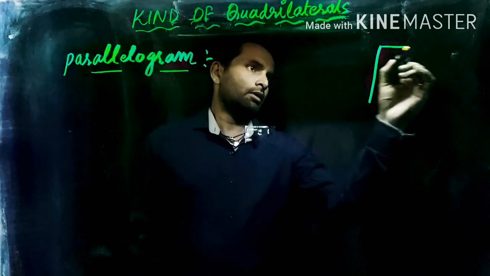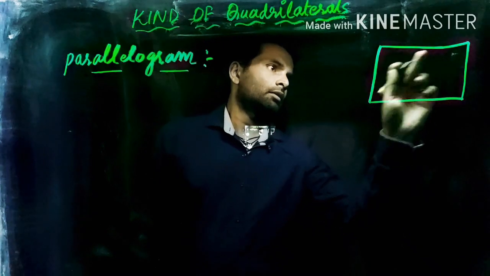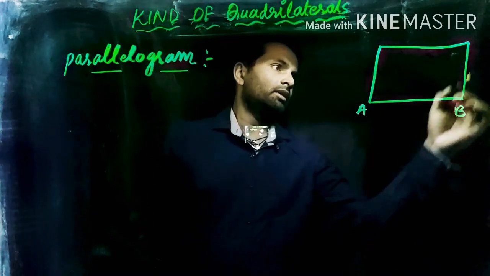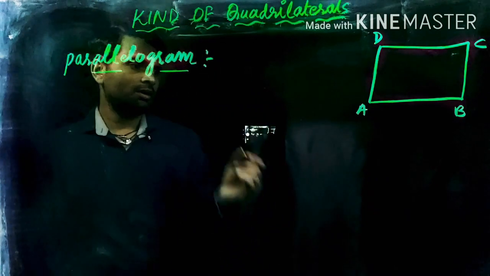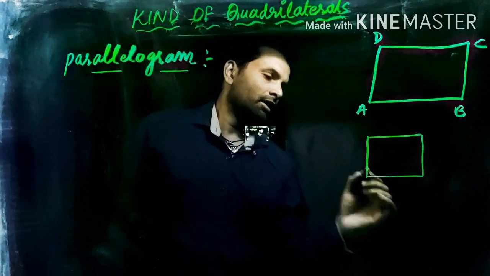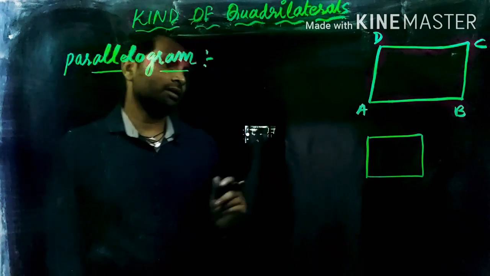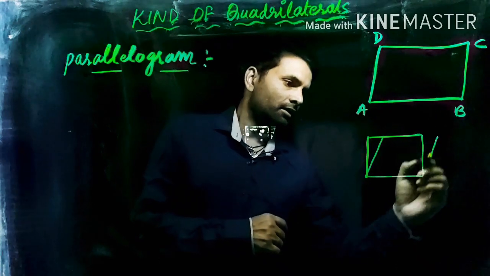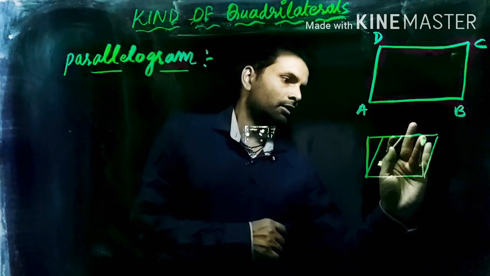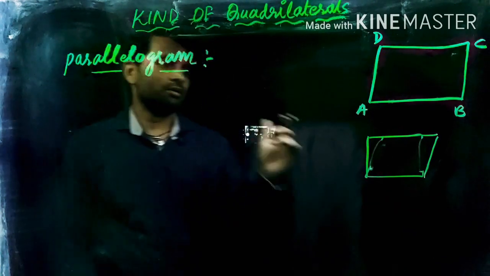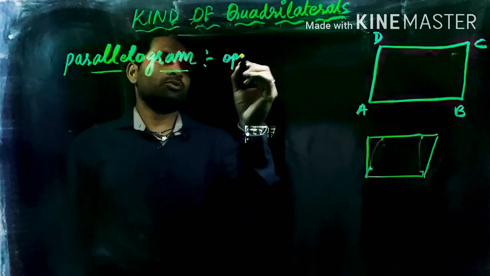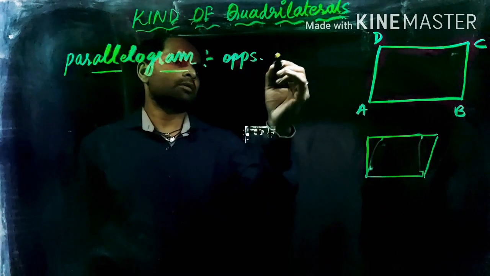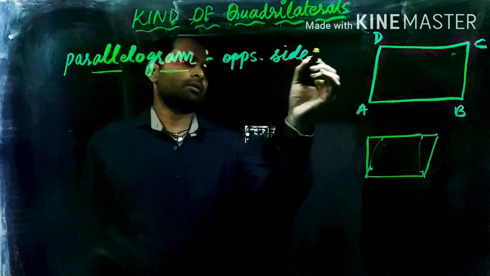Next quadrilateral is the parallelogram. Parallelogram is a name from parallel. Suppose this is the rectangle, with opposite sides parallel and equal, and we move it in some direction to get a parallelogram. It means opposite sides are parallel.